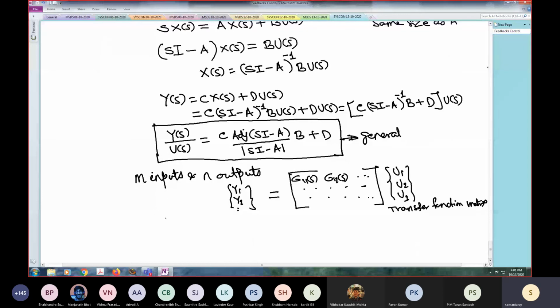This kind of case is called a MIMO system, multi-input, multi-output.